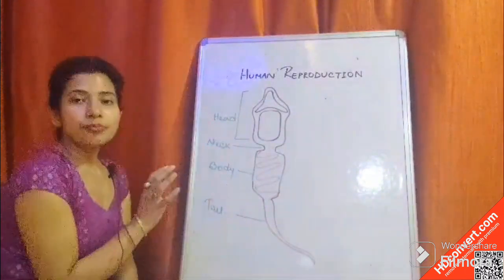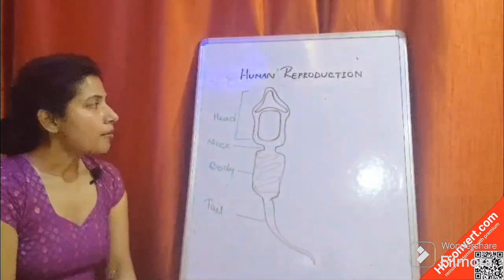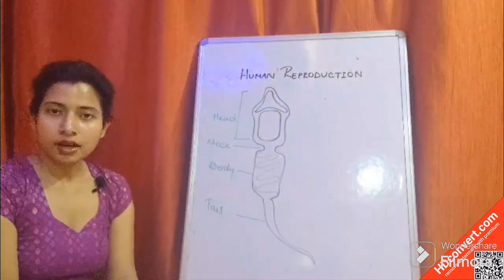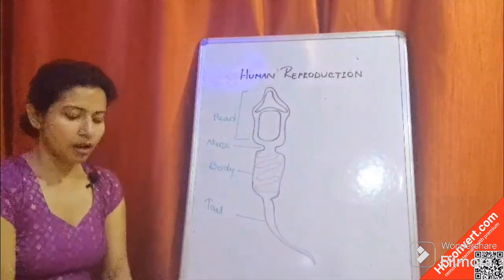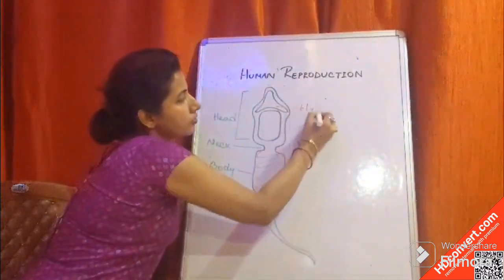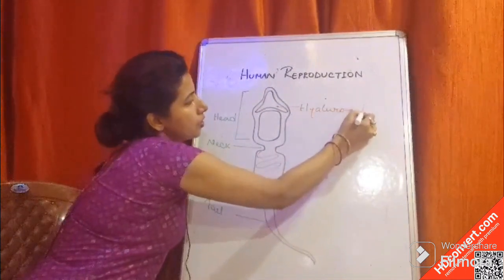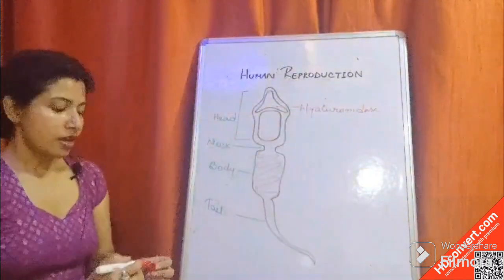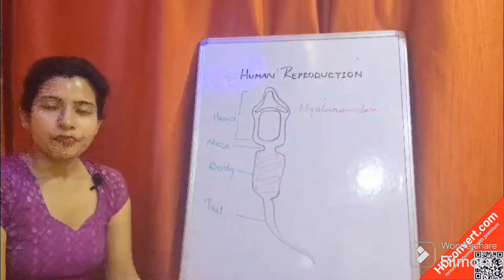The very important part is the sperm acrosome. This sperm acrosome has a very essential enzyme known as hyaluronidase enzyme. This hyaluronidase enzyme I am writing over here, hyaluronidase enzyme. This enzyme is very important in fertilization.